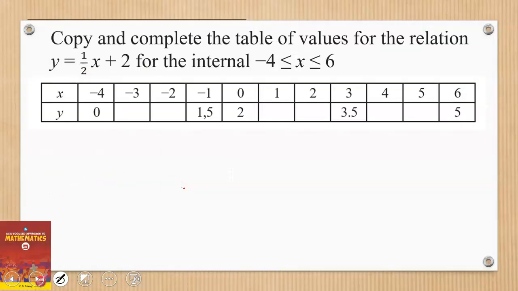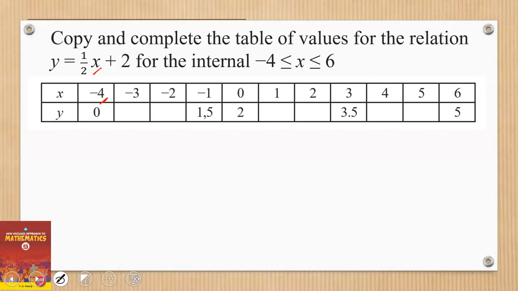Let's take another example and see. Here we have copy and complete a table of values for the relation y equals half x plus 2 for the interval negative 4 through to positive 6. Okay, so once again, when x is negative 4, I'm going to get 0.